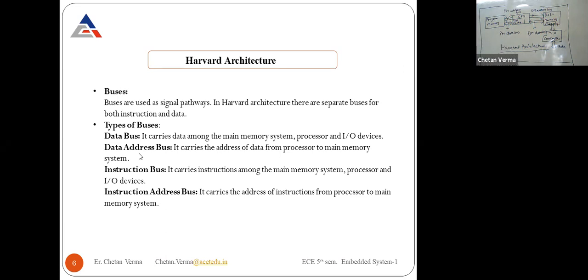So there are some different types of buses to understand: the data bus, address bus, instruction bus, and instruction address bus. So there are four types of buses used in that, and these are separately used for the program memory and the data memory.